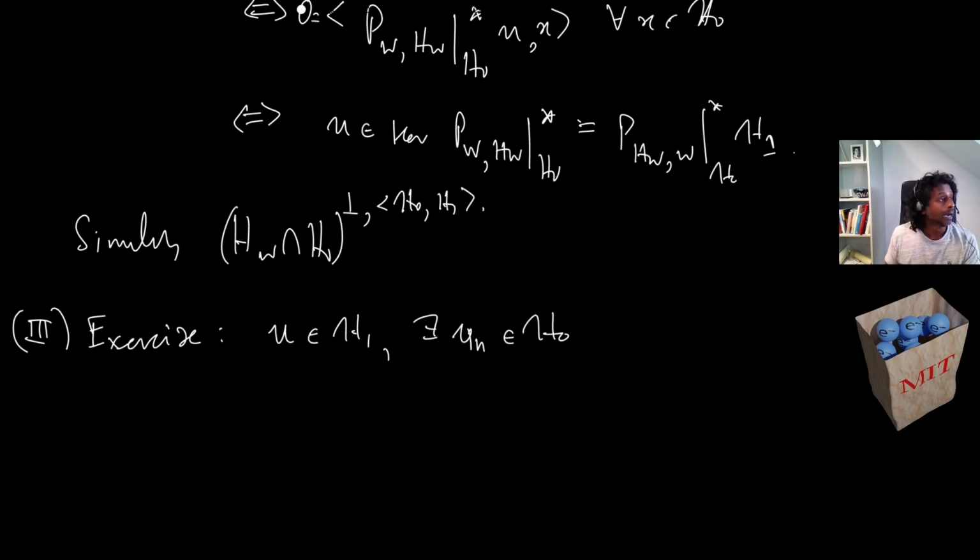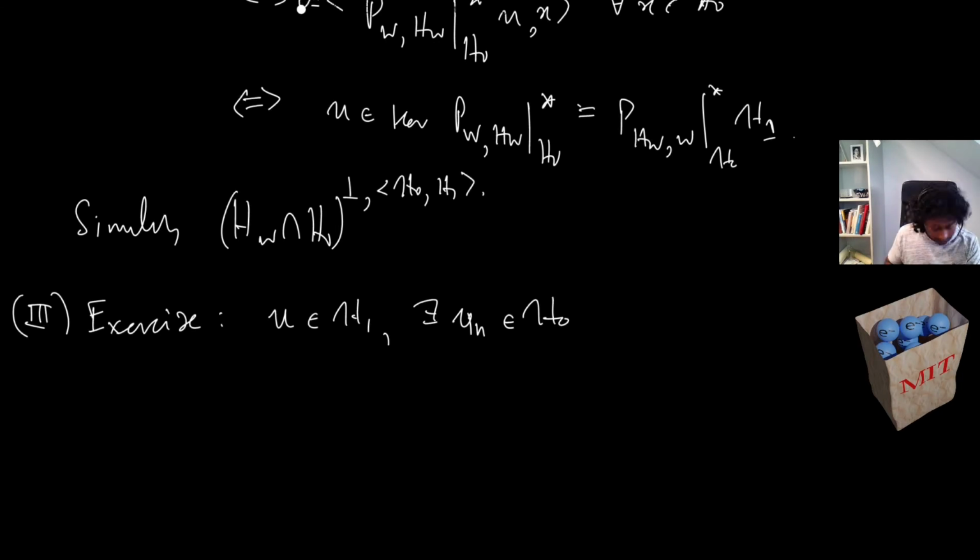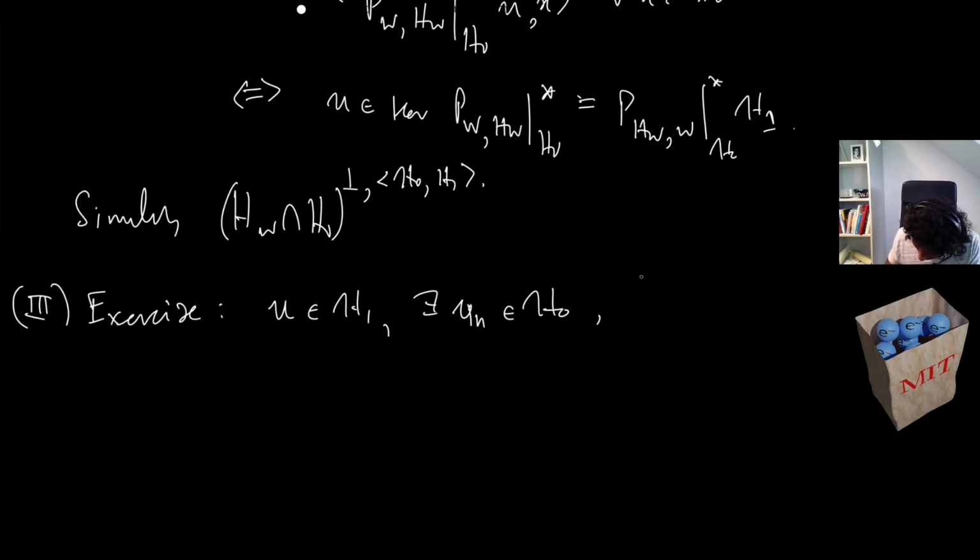And then you can write the sequence U_N via the projector. So you can break it up via the projector. Then U_N is equal to P_H0HW H0 U_N plus the other piece. This is really, first we take the adjoint and then we restrict.